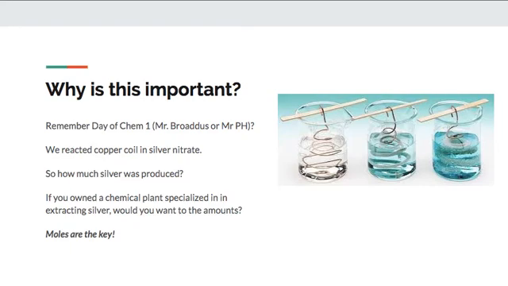Now, for all stoichiometry, this is what's really important, is moles are the key. You can figure out the quantitative, the amount, relationships between reactants and products if you convert to moles first and you go through moles through those mole ratios, you can figure it out.